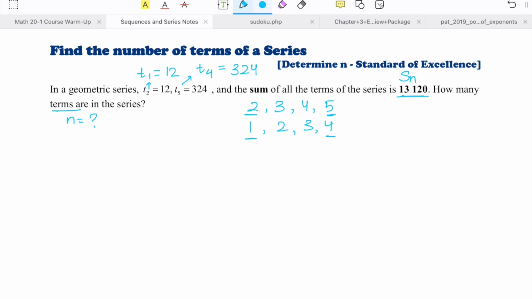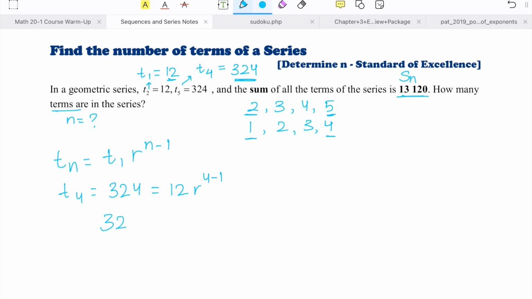Okay. So we'll use the formula for general term, which was Tn is equal to T1 r to the n minus 1. So we know T4, which is 324, is equal to T1, which is 12. We don't know our ratio, but we do know n is 4 minus 1.